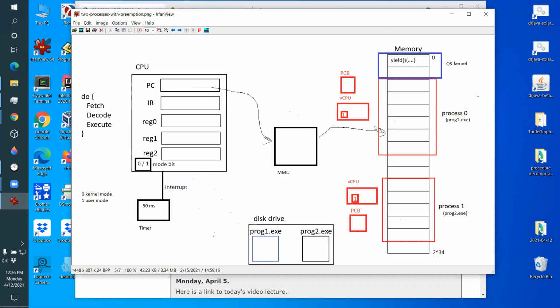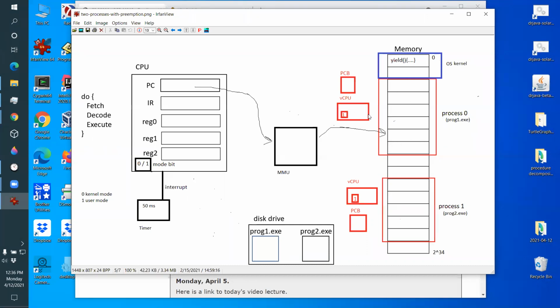And we were talking about the virtualization of the CPU. That the CPU, by having a kernel mode user mode bit, when the CPU was in user mode, it's like a virtual CPU. So the CPU in user mode creates a virtual CPU that's more restricted in what it can do, and it's restricted to this memory range, and that's running this process.